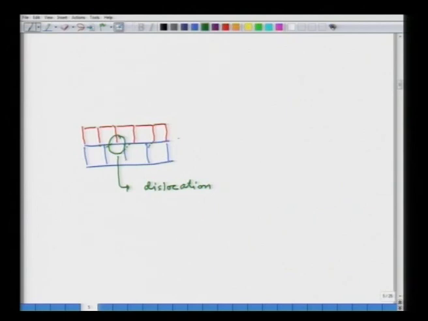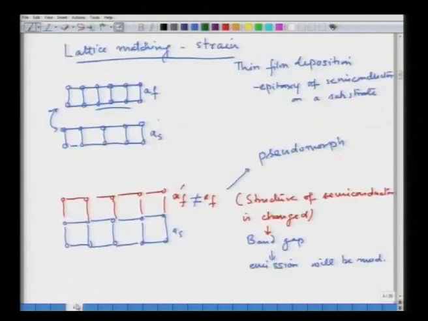This kind of interface created between the semiconductor and the substrate is called an incoherent interface, and the earlier one is called the coherent interface.